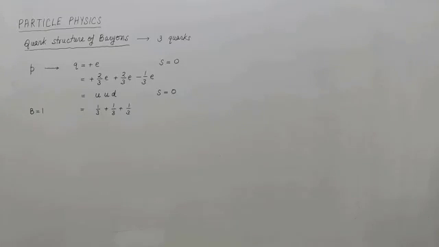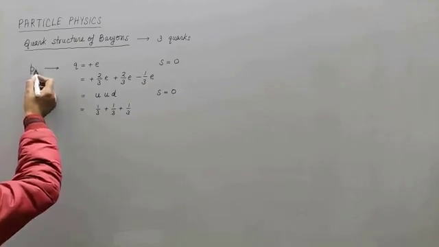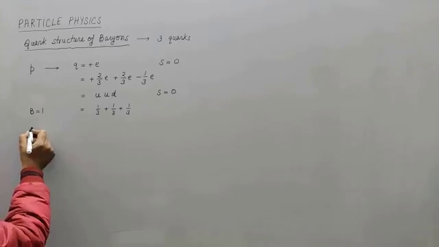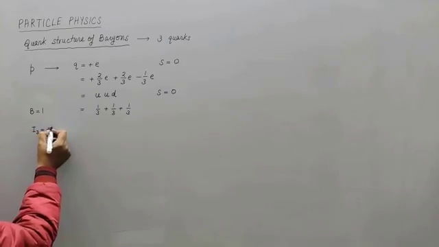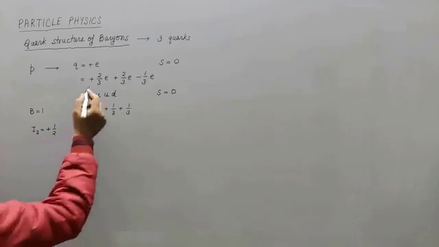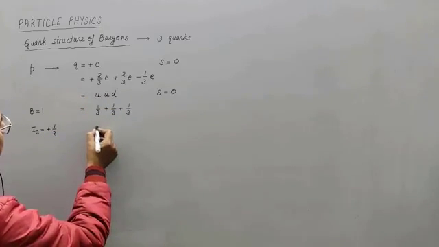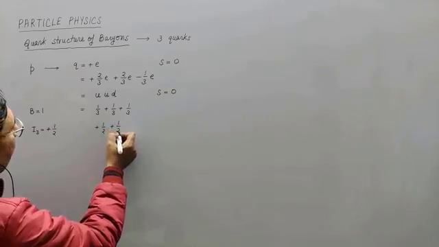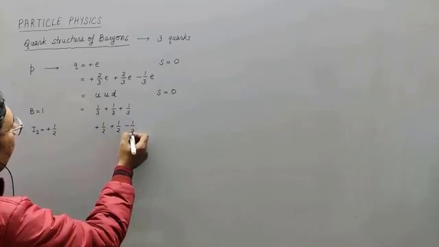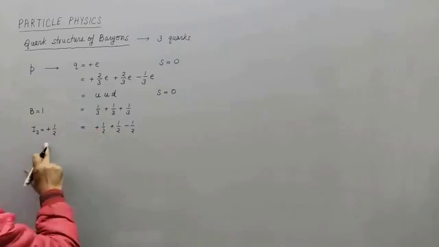Basically, we can find out the third component of the isospin. This is T3 or I3. This is plus half for proton. And here for U, this is plus half, this is plus half, and this will be minus half. So this T3 will be conserved.